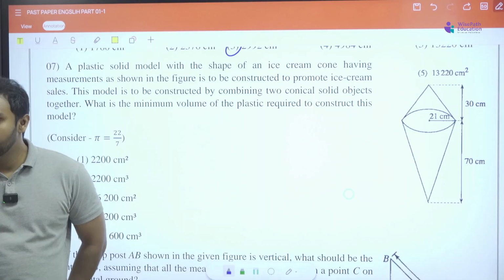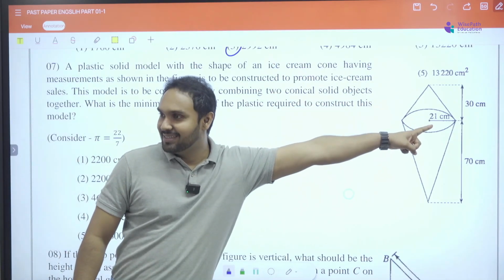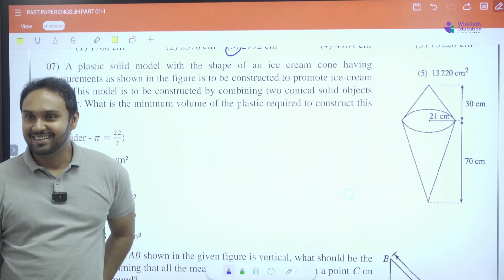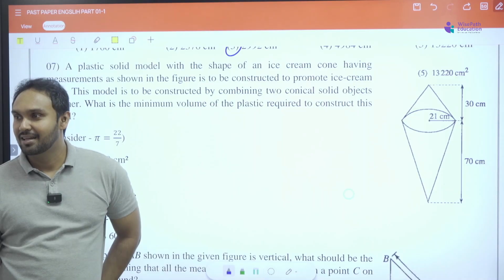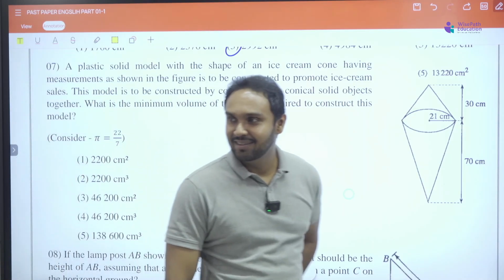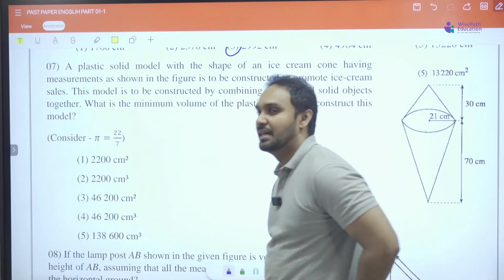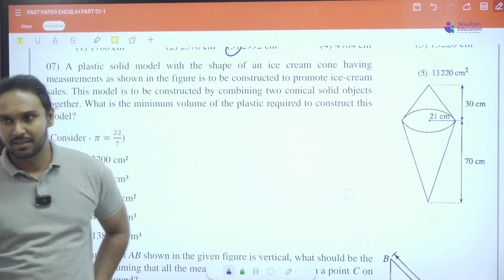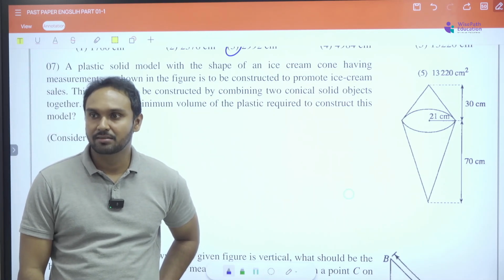Is r given? Yeah. Ah, right. What is not? Height, bros, height is lacking. 1/3 of πr squared h. h is not there.